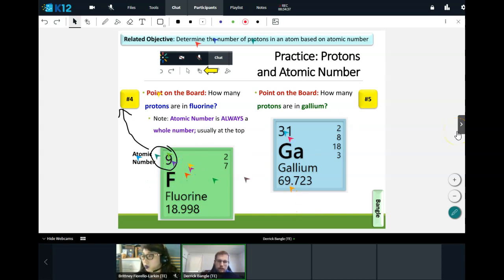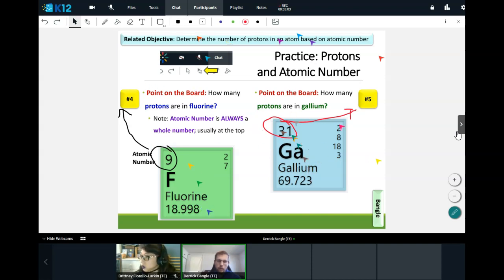All right. So then for gallium, same instructions. For gallium, what is that atomic number? 31. Very good. So remember, the atomic number is the number of protons for that element. So every atom of gallium is going to have that exact number of protons. Notice that to talk about the atomic number or to point to it, we don't need to know the name of the element.